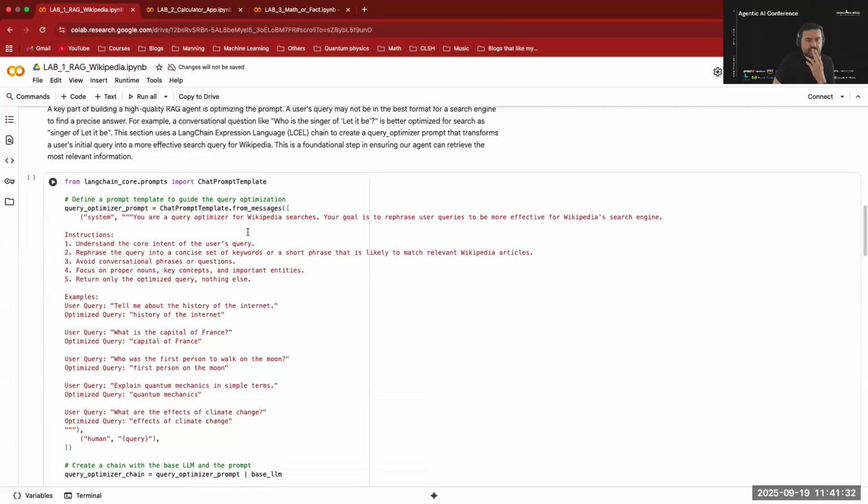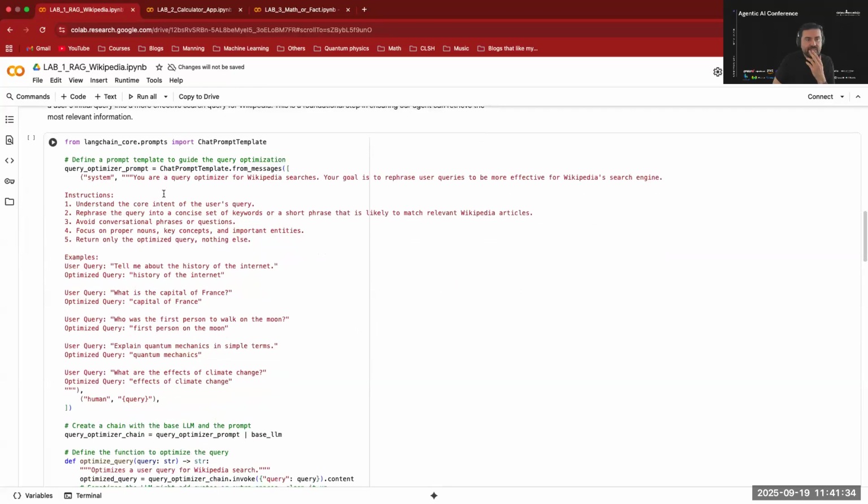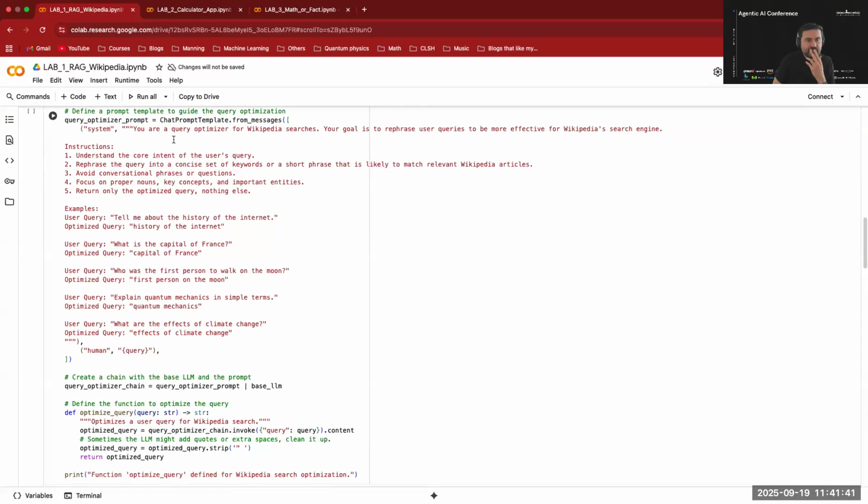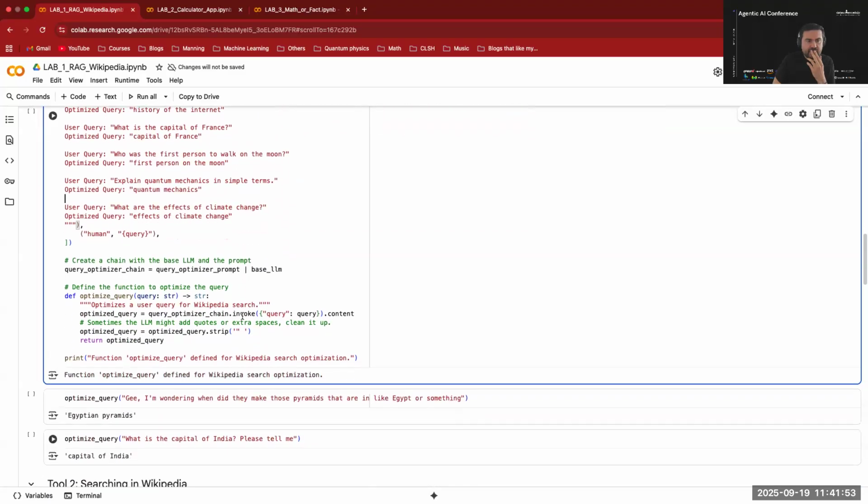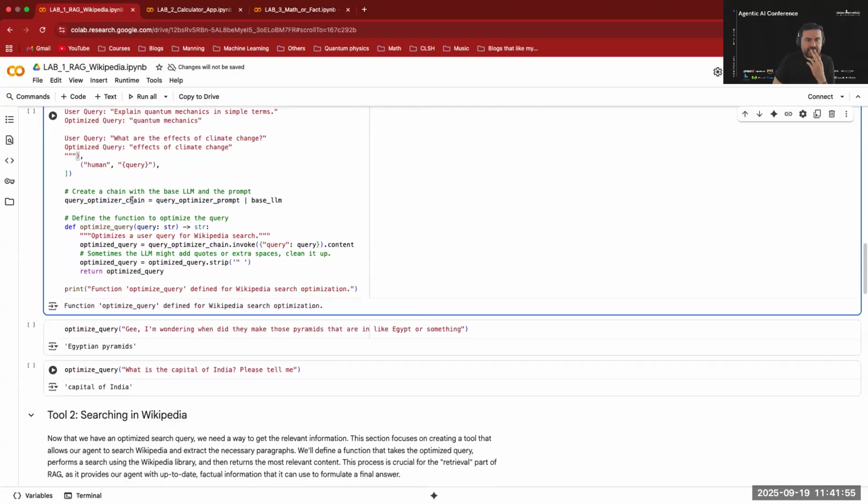Then I have one function that optimizes the prompt. This one has a prompt that says, you're a query optimizer. Your goal is to rephrase user queries. It gives it some instructions and some examples with a question and a reworded question, right? And this is for LangChain.